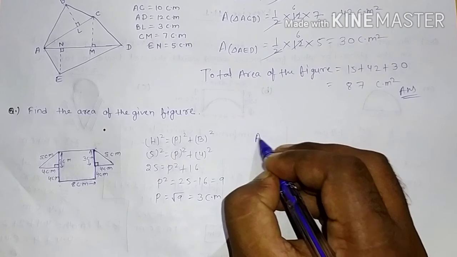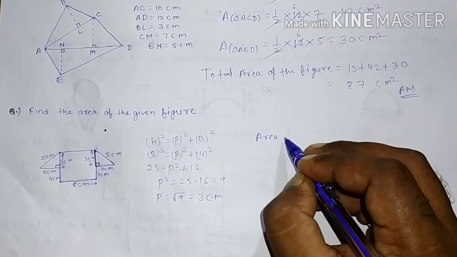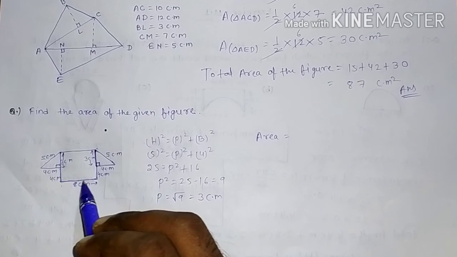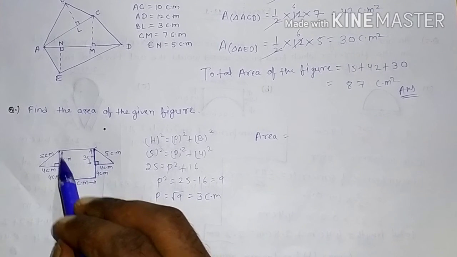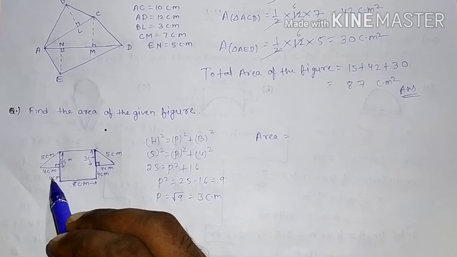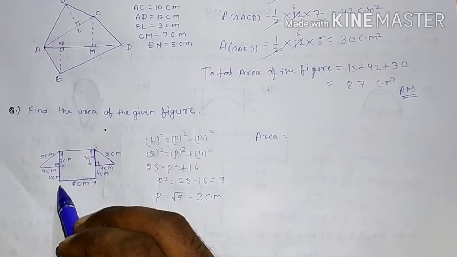So the area equals area of this rectangle, because the length is 8 and breadth is 7 centimeter, because 4 plus 3 is 7 centimeter.